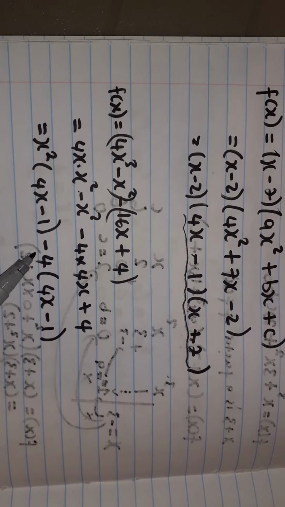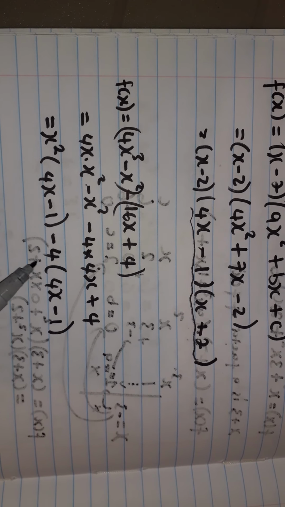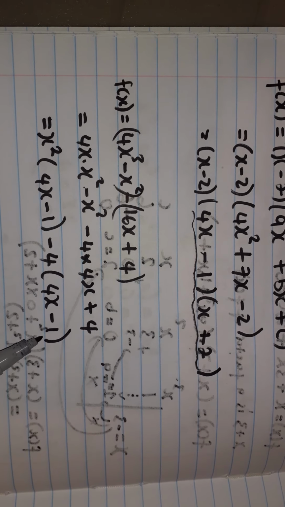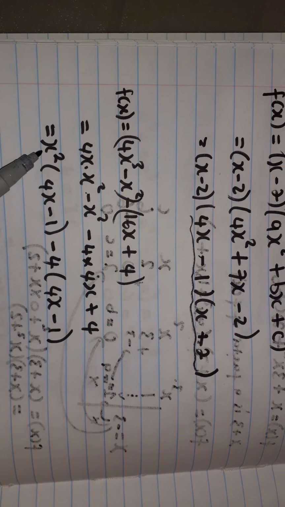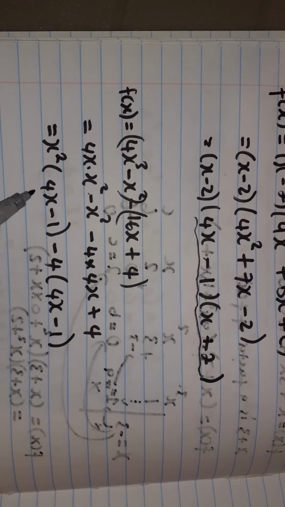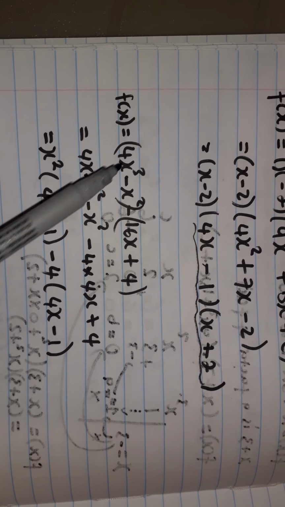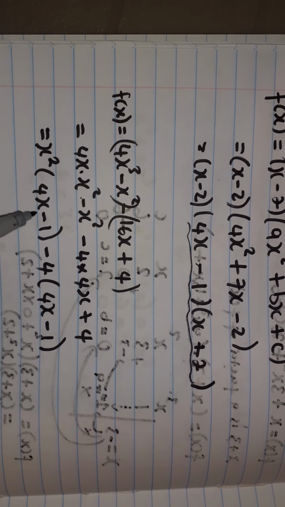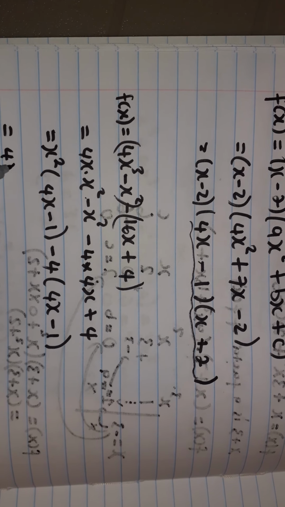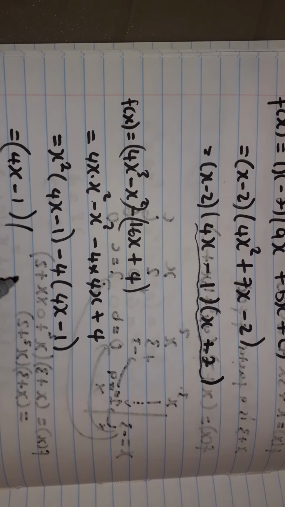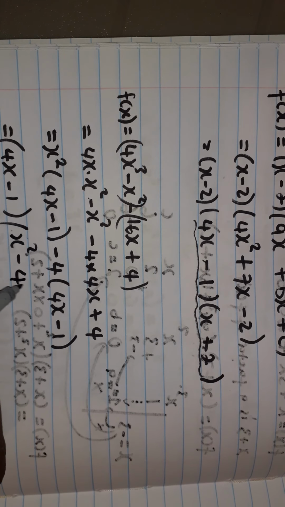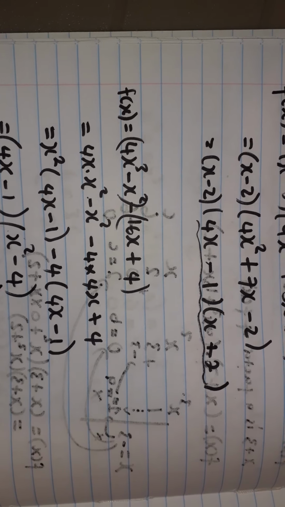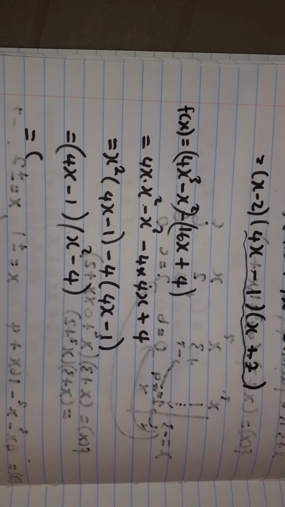Minus 4 times 4x is minus 16, and minus 4 times minus 1 is plus 4. X squared times 4x gives this back, and that back. There's one common factor, 4x minus 1, then we take it out. The other factor is x squared minus 4, which is a difference of two squares, and can be factorized even further.